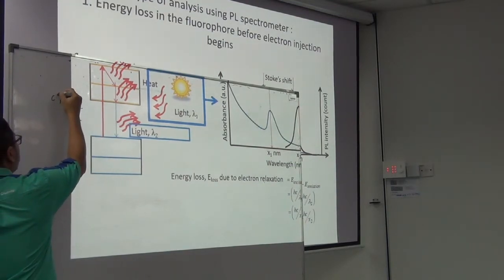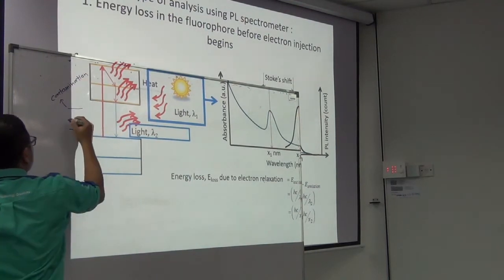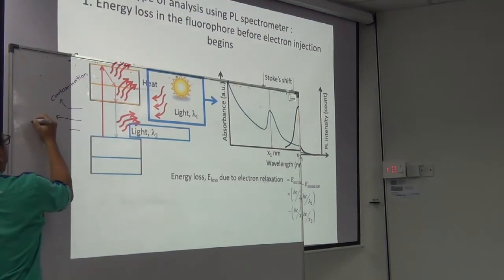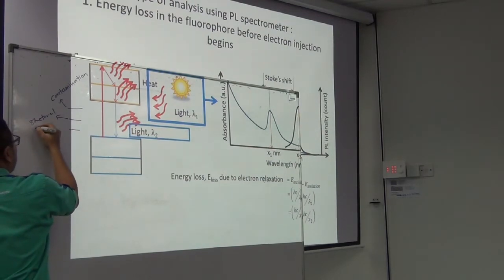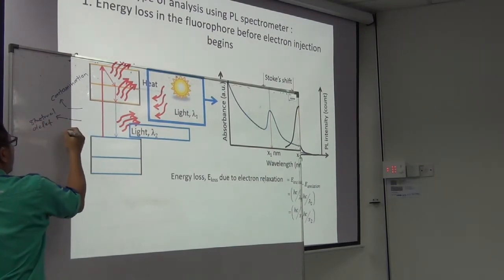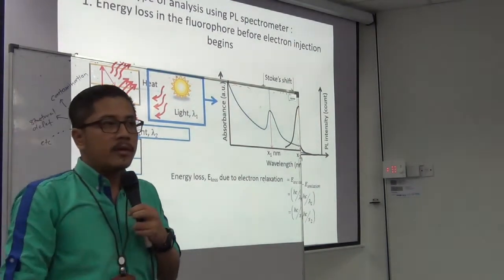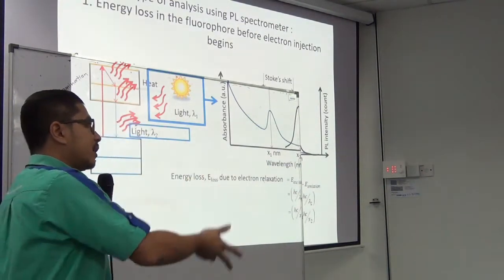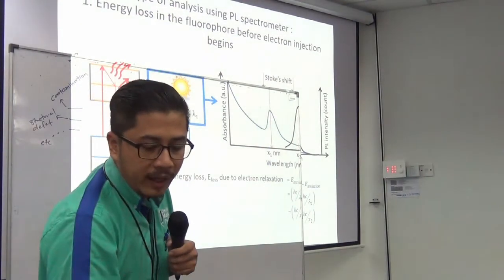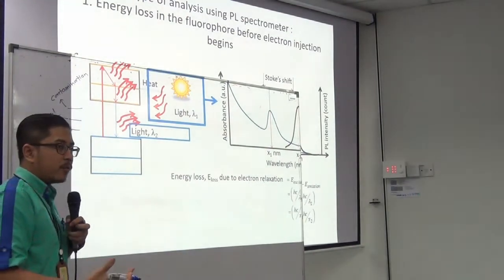Could be due to contamination, structural defect, and etc. Contamination: if our sample is contaminated with other material, that material could have a conduction band and valence band as well.